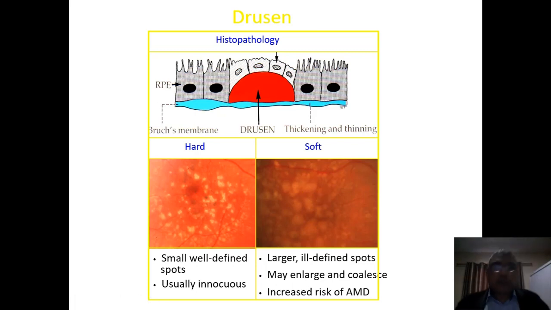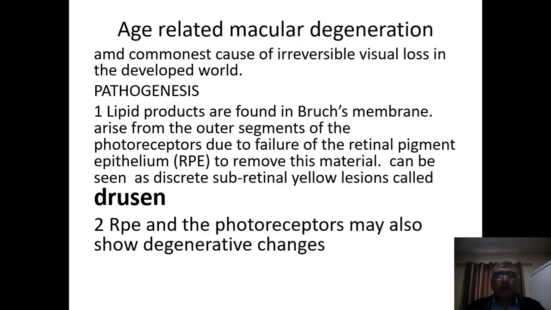This is the second type of drusen. Also, the pathogenesis of age-related macular degeneration is associated with retinal pigment epithelium and photoreceptor damage, secondary to the damage in the function of the retinal pigment epithelium and the development of drusen.